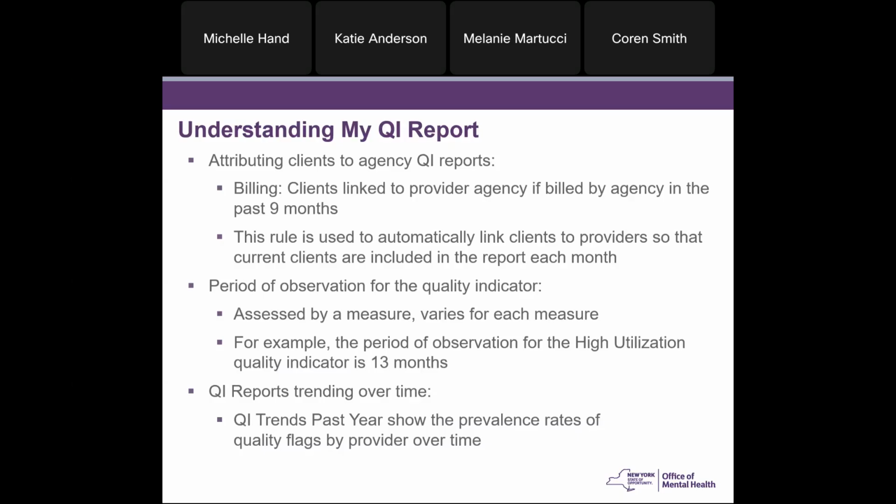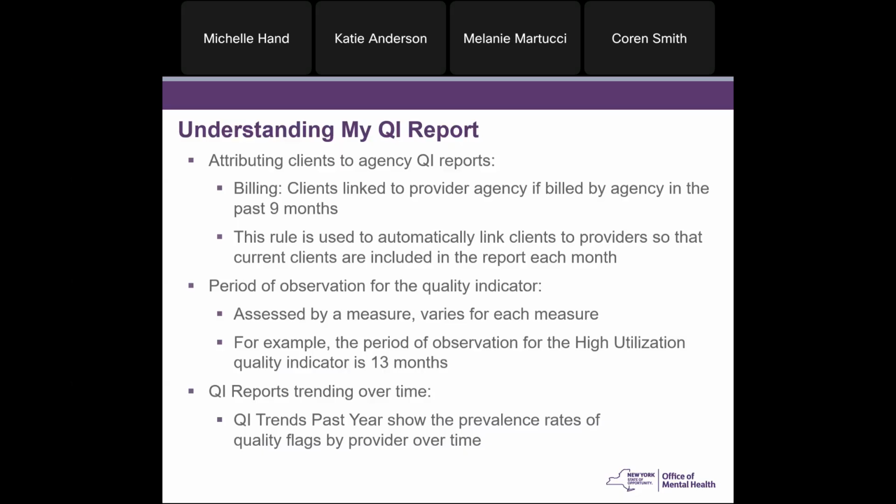The period of observation for the quality indicator, that differs by measure. So for example, the period of observation for our high utilization hospital measures is looking at the past 13 months, whereas the period of observation for other indicators might be the past 12 months. And it's really important to look at our current as of date.